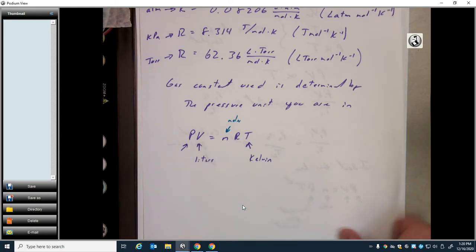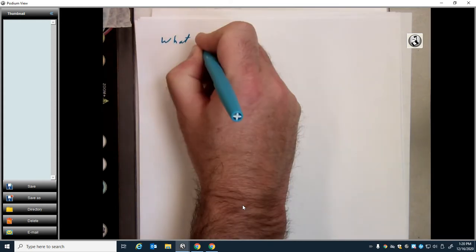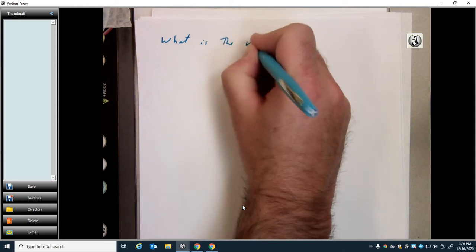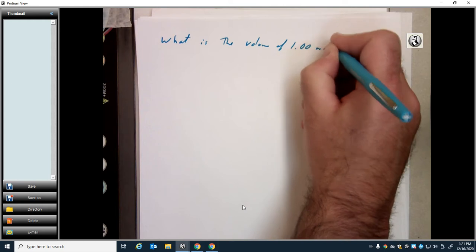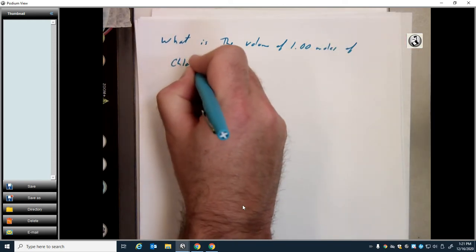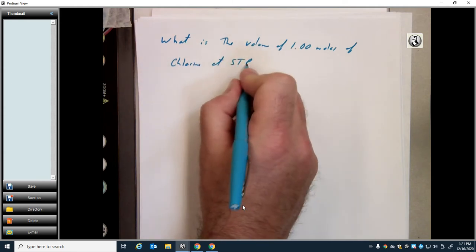So let's try a couple things. What is the volume of 1.00 moles of chlorine at STP, standard temperature and pressure?